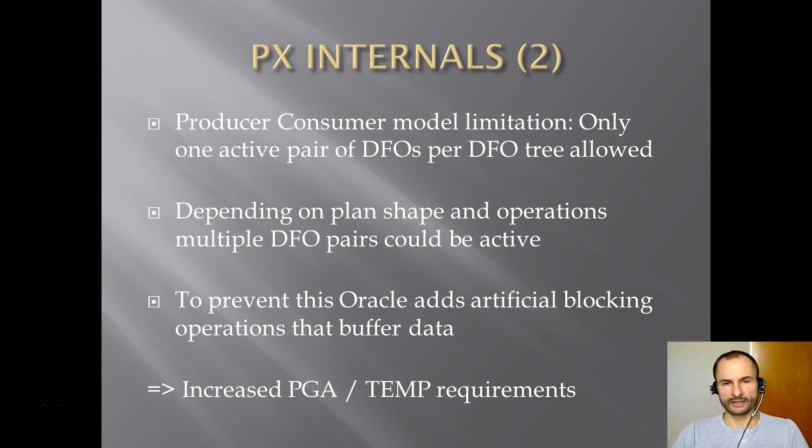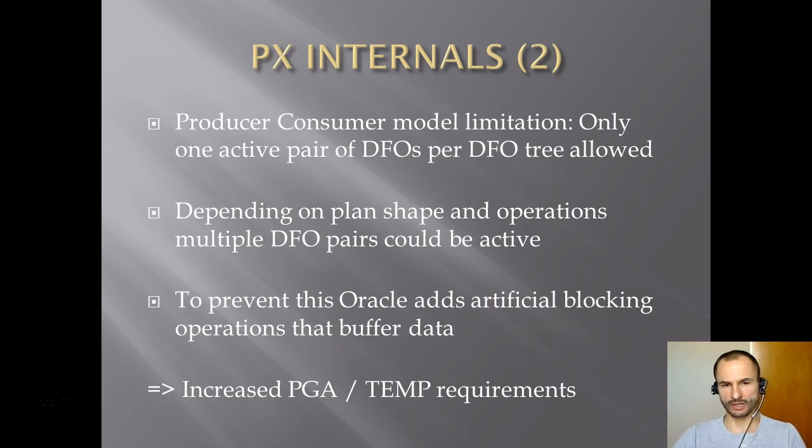So finally, this limitation that I have mentioned. This producer-consumer model that Oracle implements comes with a significant limitation. Very simply put, only one of these redistributions, one of these send-receive pairs, these child and parent DFO pairs, can be active at the same time.